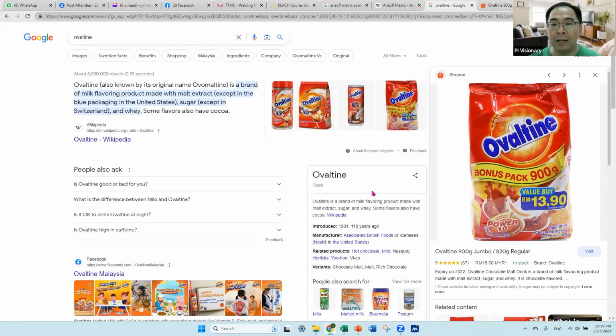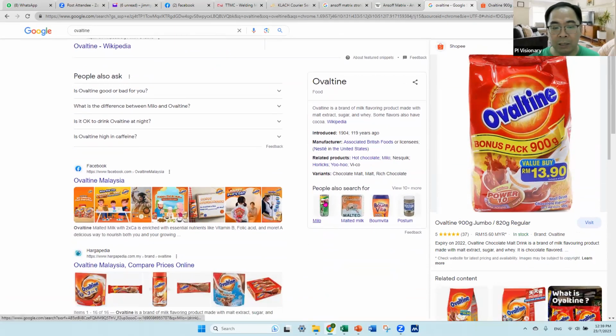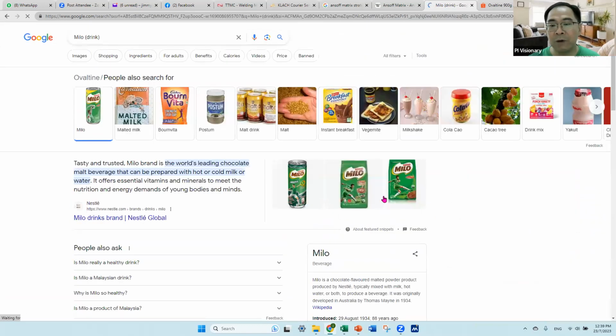Ovaltine and Milo are in competition, it's a chocolate milk product. So if I tell you this, semua orang faham in Malaysia. If you don't know what is Milo, then you are not Malaysian. Correct?